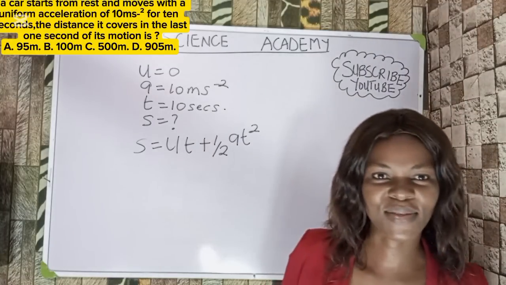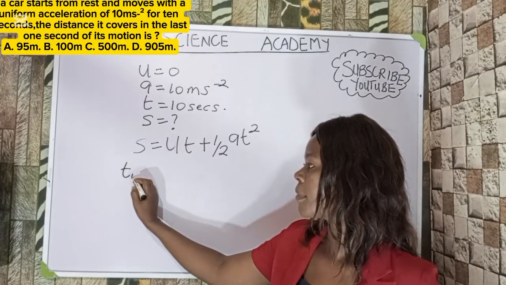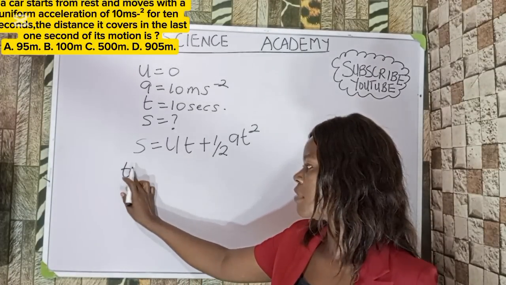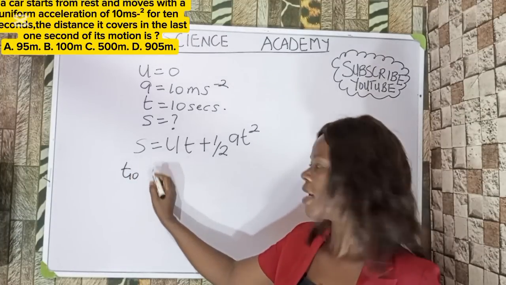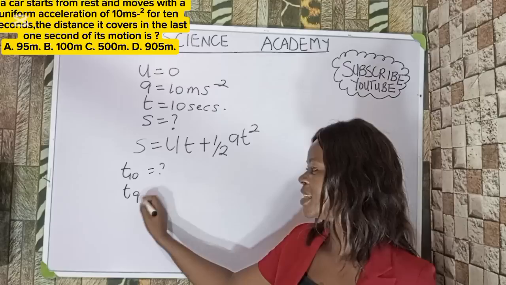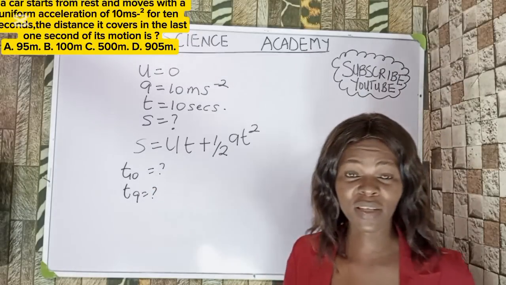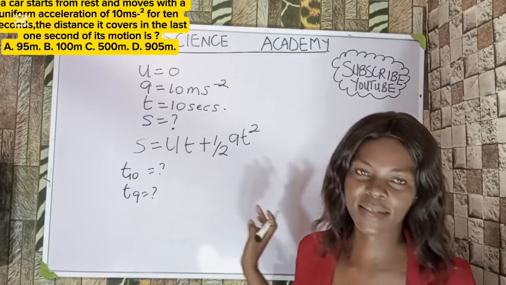So let's work it out. I'm going to solve with the first time, which is the last 1 second when the time is 10, and I'm also going to solve for when the time is 9. That is the last 1 second. But there is a short method to do that by working on the time straight at the same time.